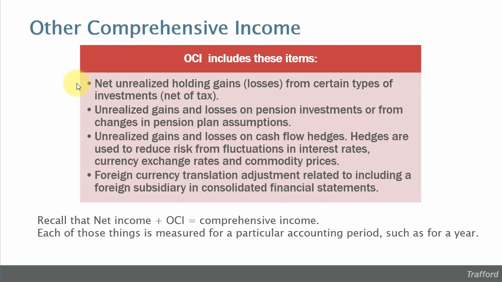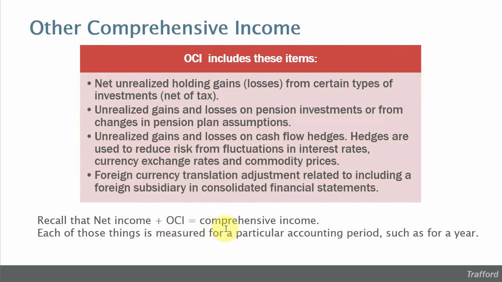So let's say that our business had net income from all other things of $500,000. Their $5,000 unrealized holding gain on their investment in that bond would be an OCI item. So the company would report comprehensive income of the $500,000 of net income plus the $5,000 of positive other comprehensive income.